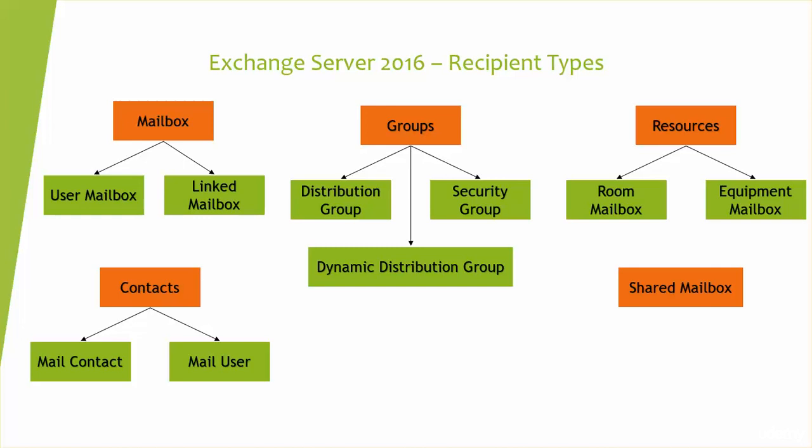When scheduling a meeting, you will just add the equipment mailbox as part of your meeting. And if that equipment, that laptop or projector, is not reserved or already in use, it is going to accept, and then the other person who tries to reserve it will know that you have already reserved it. So this is equipment mailbox.